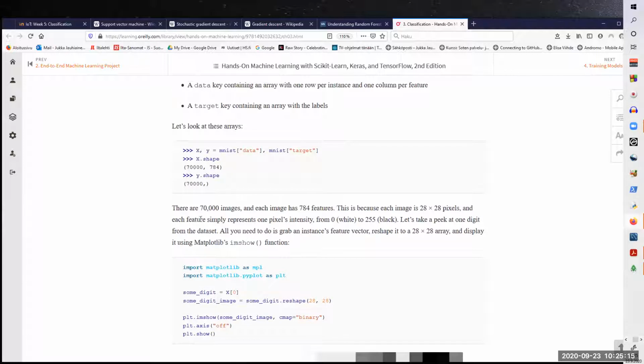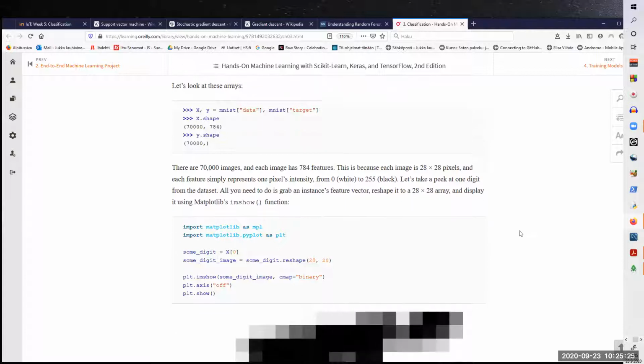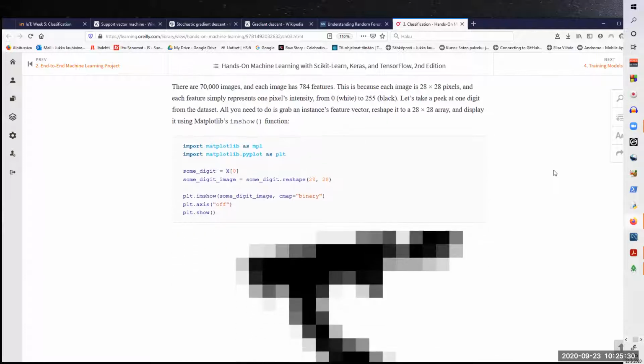So this MNIST dataset consists of 70,000 images, and each image has 784 features. In practice, the images are 28 times 28 images, consisting of pixels, and each pixel has a gray level value from 0 to 255.